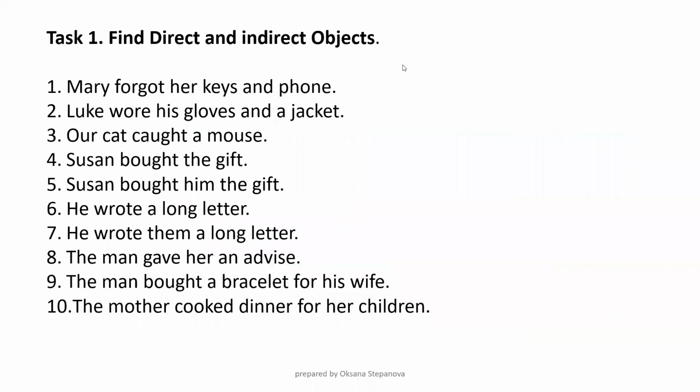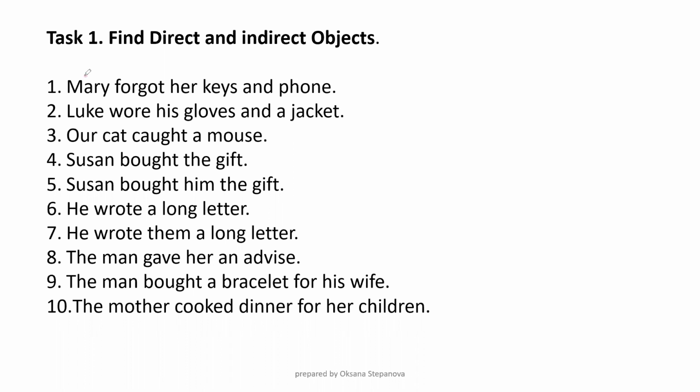Okay, so find direct and indirect objects in these sentences, or if you only have one, that is also good. Let's have a look here. Number one: Mary forgot her keys and phone. You need to find the object of the sentence.